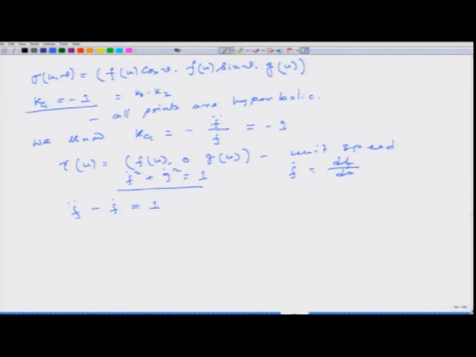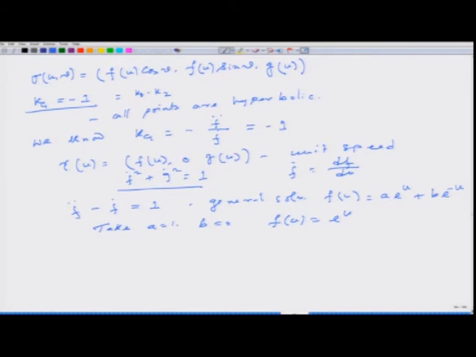This is a linear differential equation whose general solution is f u equal to a e power u plus b e power minus u. I can take any curve for that matter. So, take a equal to 1, b equal to 0. So, f u equal to e power u.